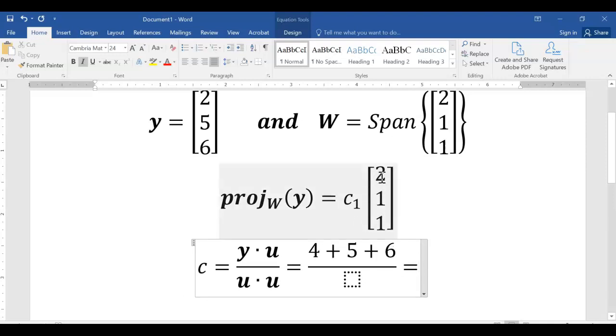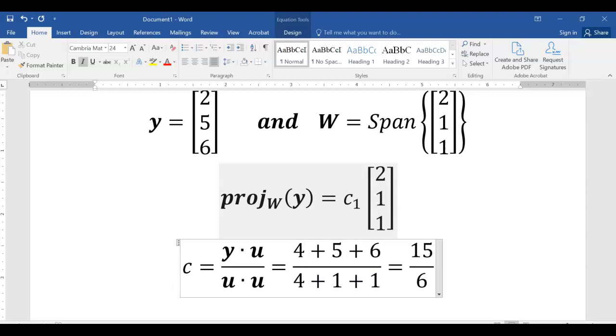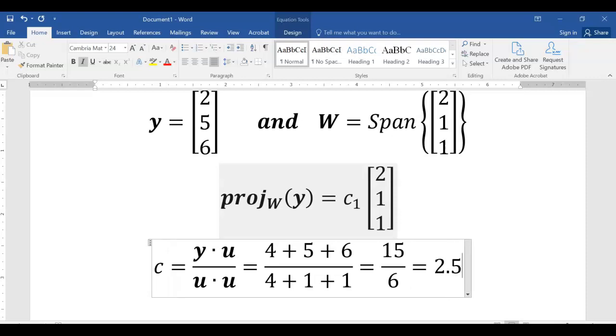On bottom, we're just going to take the inner product of (2, 1, 1) with itself. 2 times 2 is 4. 1 times 1 is 1. 1 times 1 again is 1 again. So you end up with 15 over 6, which is equal to 2.5.